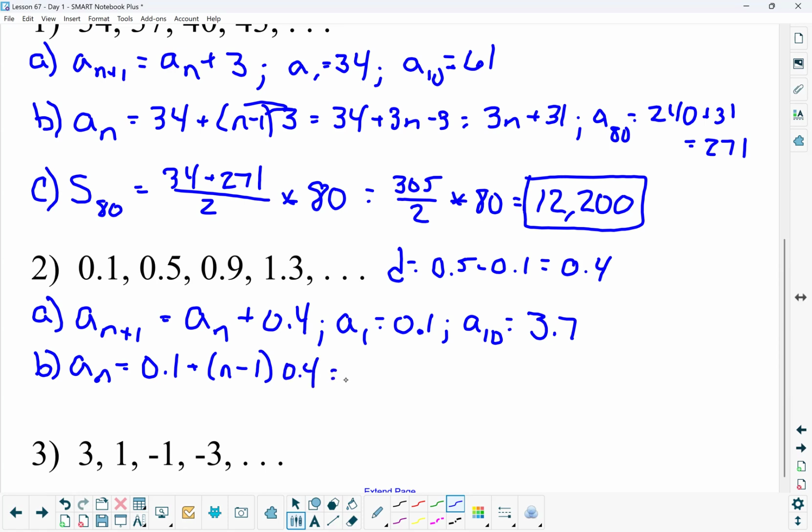Again, I'm going to rewrite that so that it's more streamlined. 0.1 plus 0.4n minus 0.4. Combining my like terms, I would get 0.4n minus 0.3.